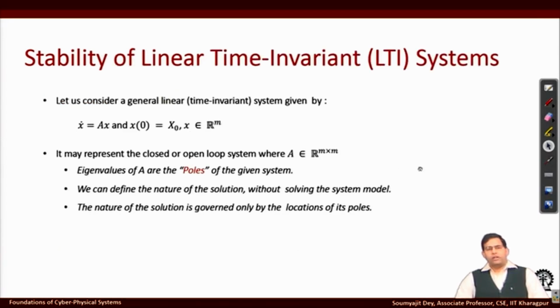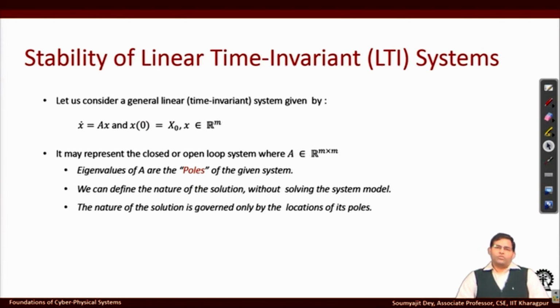So, in general for LTI systems, suppose you have this representation of the system in this x dot equal to Ax form. So, instead of the transfer function, you have the system matrix A, which gives you the evolution of the system starting from its initial state x0.